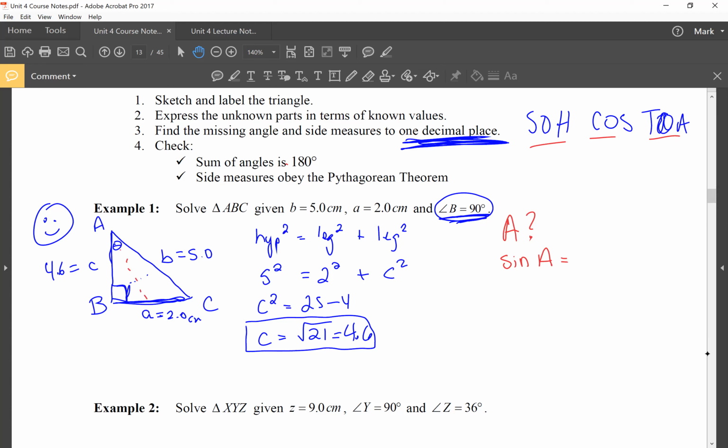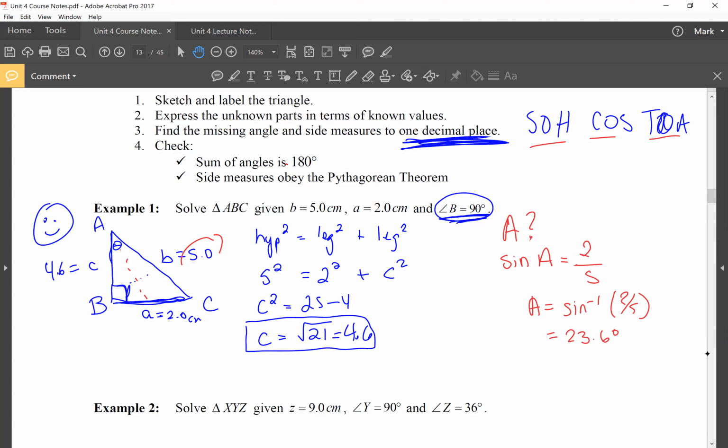Opposite is 2 over the hypotenuse, which is 5. And then I solve. A will be sine inverse of 2 over 5. And you can use the decimal there, whatever you want. So sine inverse, second function, sine 2 over 5 gives me 23.6 degrees.